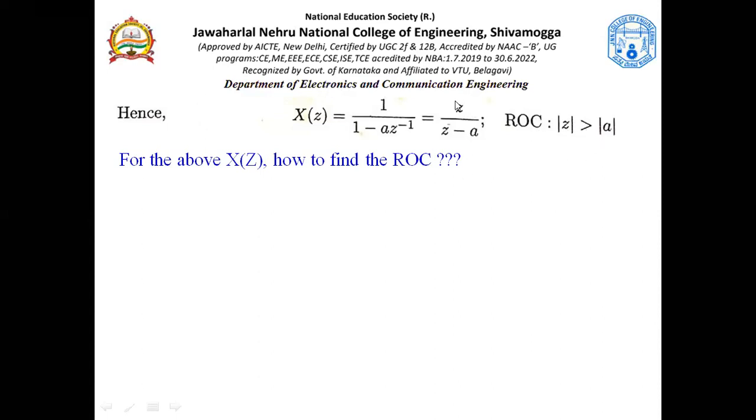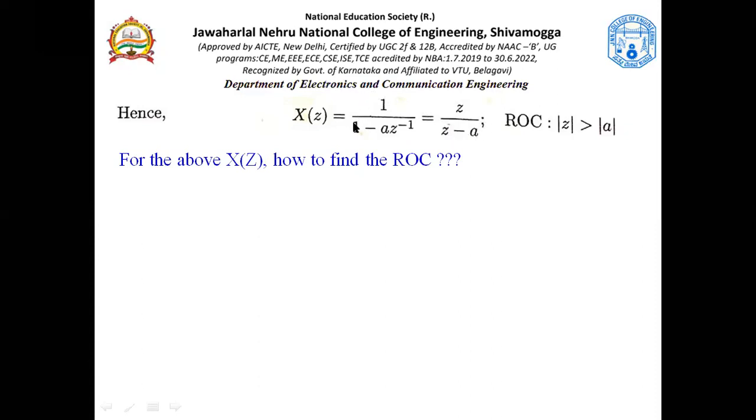Fine. So how to find out your ROC is this. Always don't consider the equation where you find Z, but consider the equation where you find Z inverse. It's the fundamentals. Don't forget to consider the equation where you have Z inverse. This again we have expressed in terms of Z, but when you are finding the ROC, don't consider this final equation.